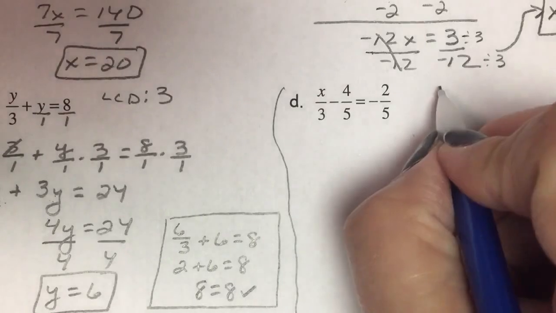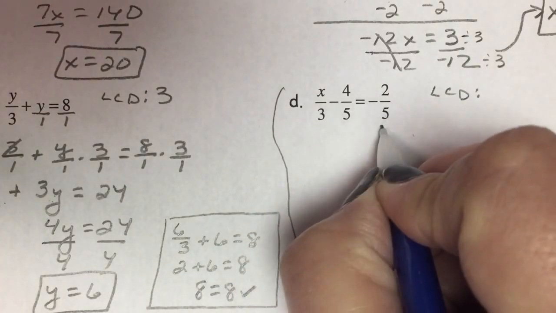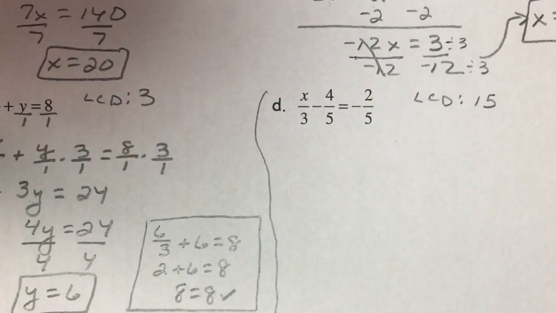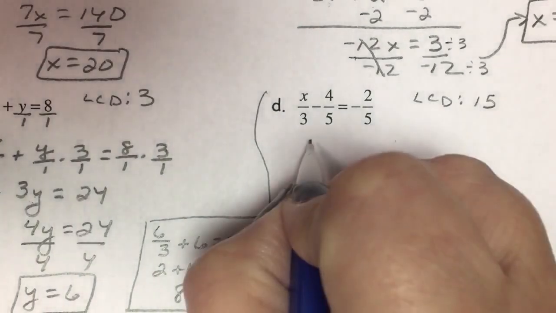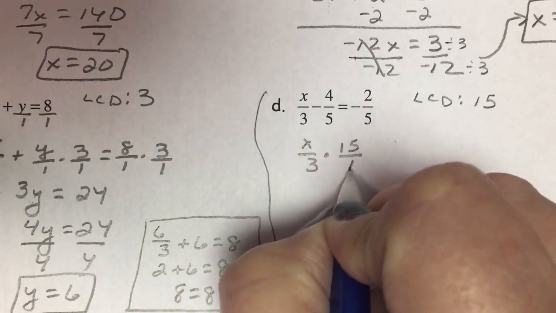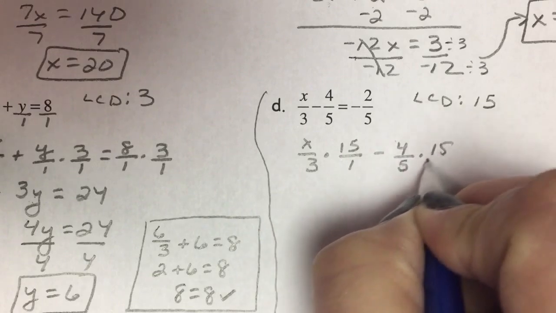All right, here we go. Let's do this one. So what is my LCD with 3, 5, and 5? Hopefully you know that your LCD is 15. So take each term of the equation and multiply it by 15 over 1.